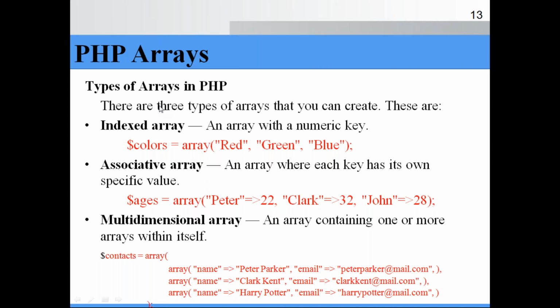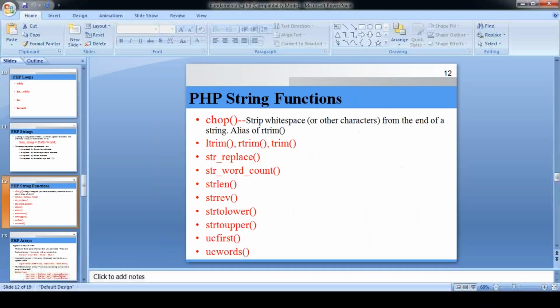So like this, PHP offers different types of arrays: indexed, associative, and multi-dimensional arrays. All these basic constructs are very, very important to understand the advanced things in PHP. With advanced things, we can do real-time web application designing. So that's why these basic constructs are very, very important.